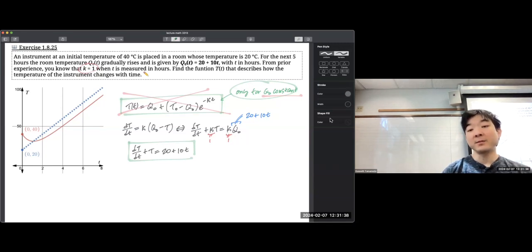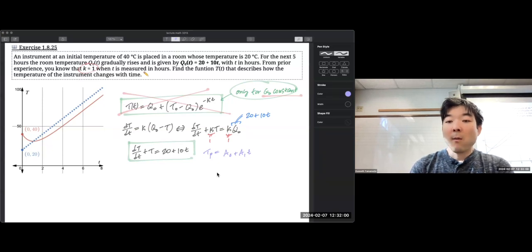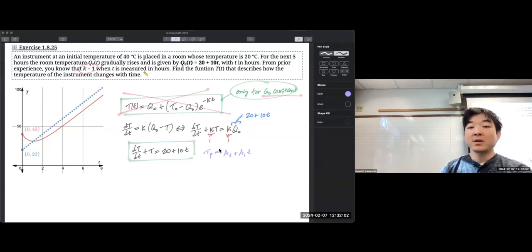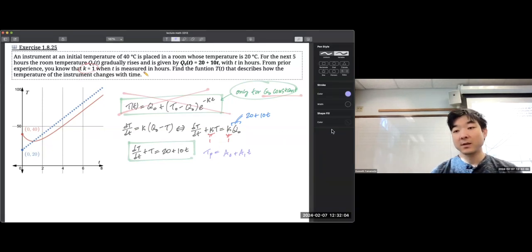Because we assumed Q naught was constant back then, our T of P particular solution was also a constant. But when you have a differential equation of this form where Q naught is not a constant, but like a polynomial, our T of P is now going to be a polynomial. So it's going to be A naught plus A1t. I'll just say this is a degree 1 polynomial.